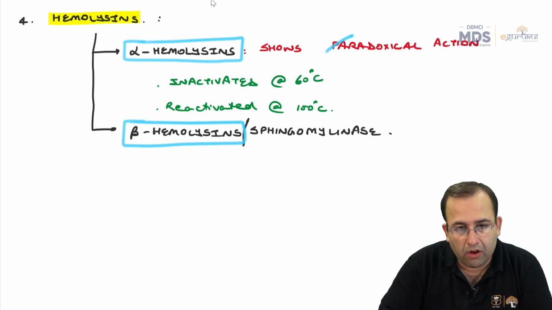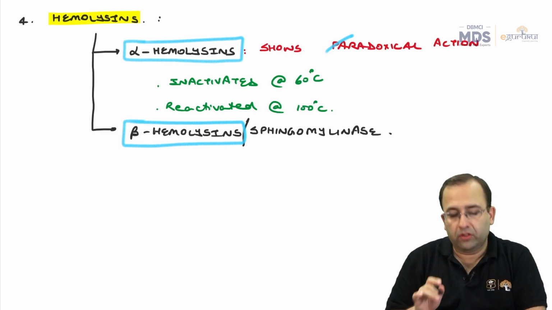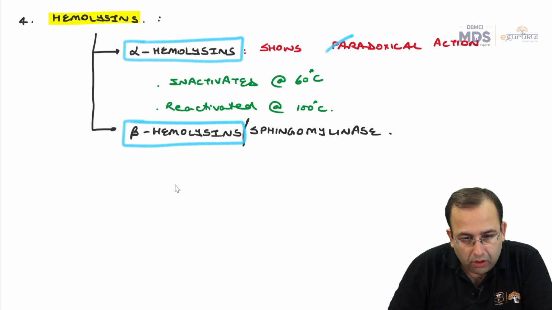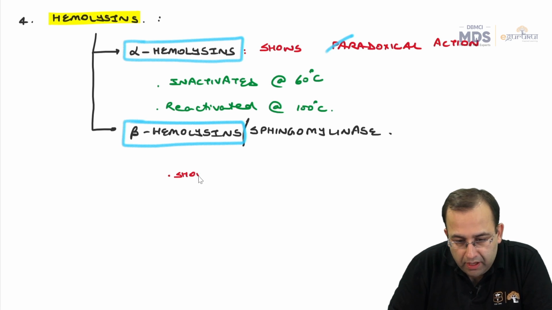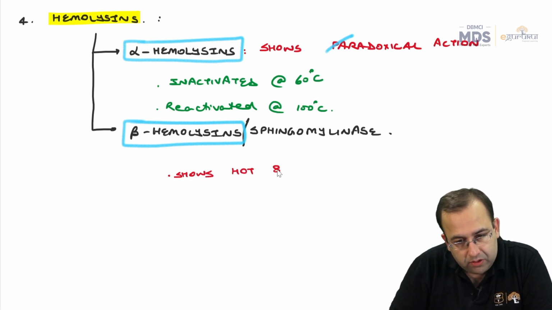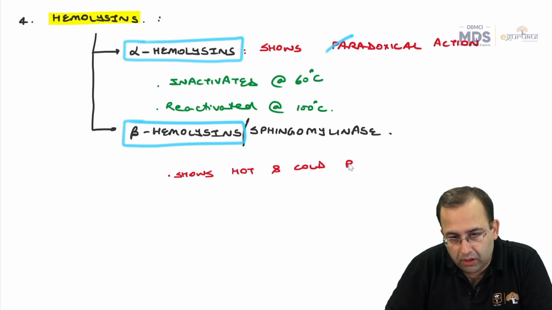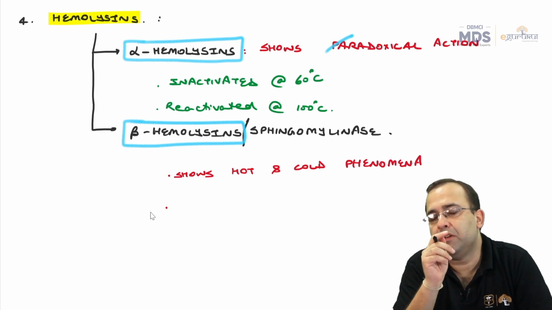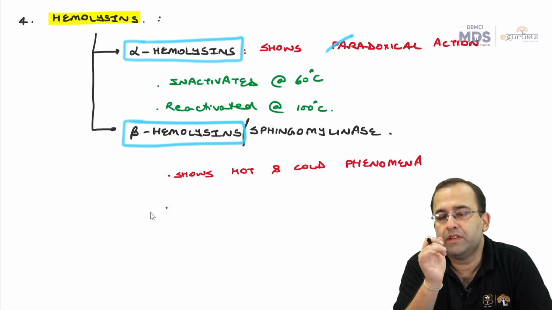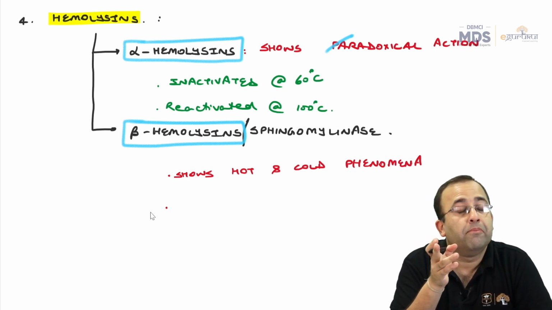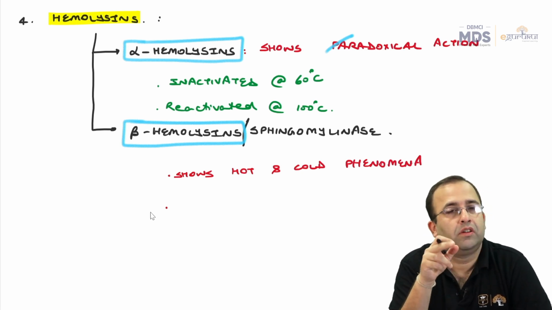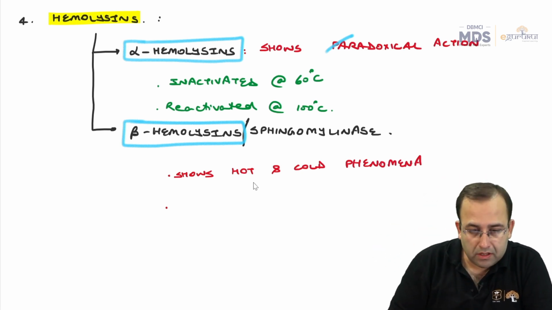Beta hemolysin, also called sphingomyelinase, shows hot and cold phenomena. Before we go further, which hemolysis occurs with Staph aureus? Complete hemolysis. Remember, it is associated with beta hemolysis, complete hemolysis.